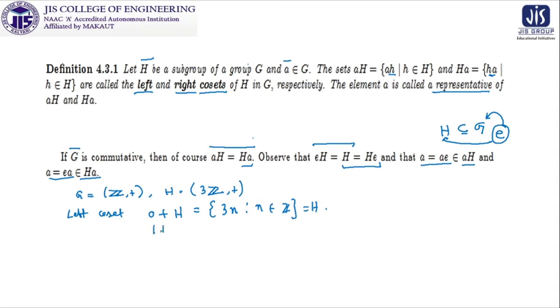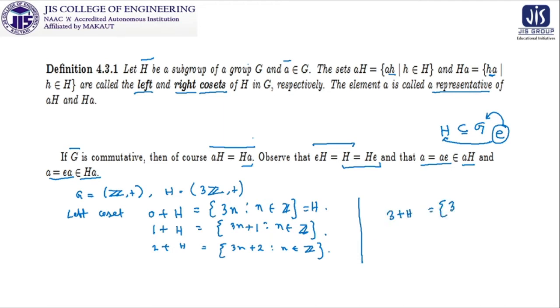Now 1 plus H is equal to 3n plus 1 such that n is in Z. 2 plus H is equal to 3n plus 2 such that n is in Z. Now these are three distinct left cosets of H. They are H, 1 plus H, 2 plus H. You can ask, sir, why we are not considering 3 plus H?